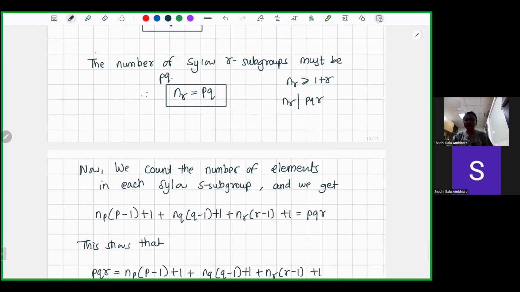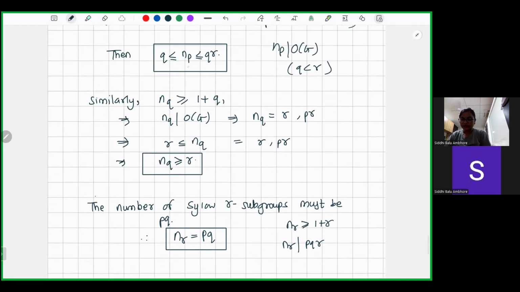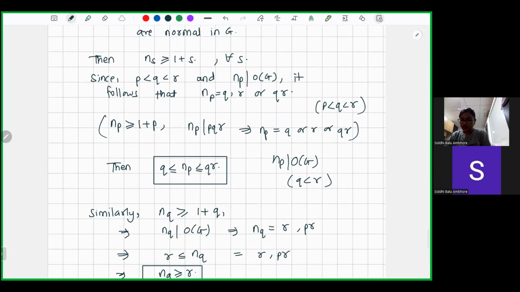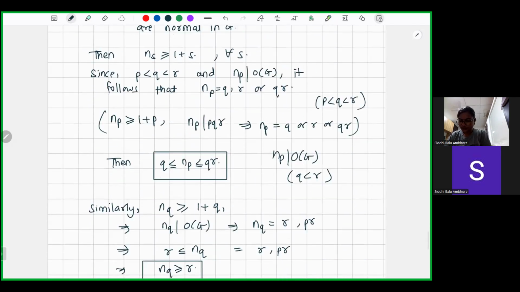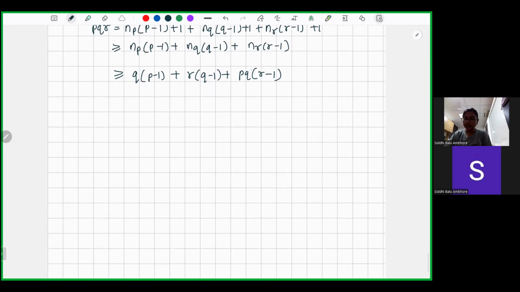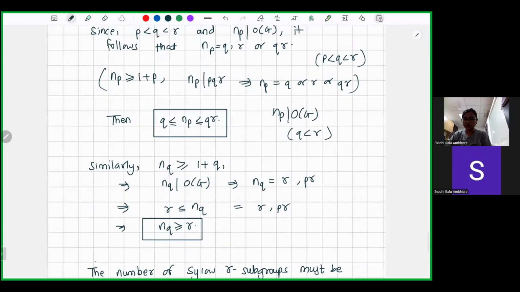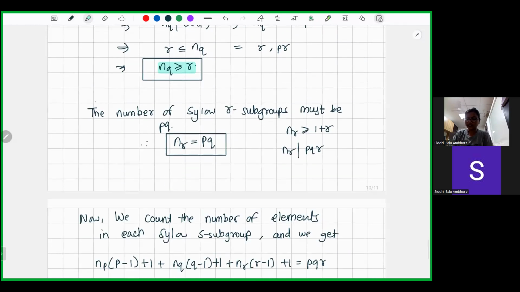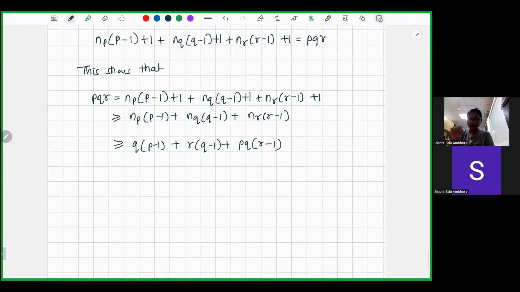How? Using these three, that NP is greater than or equal to Q, and the third one, NQ is greater than or equal to R, and NR is PQ. So we are using this property, these three, which we got.